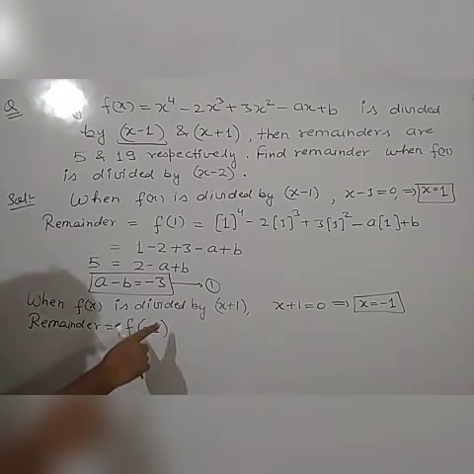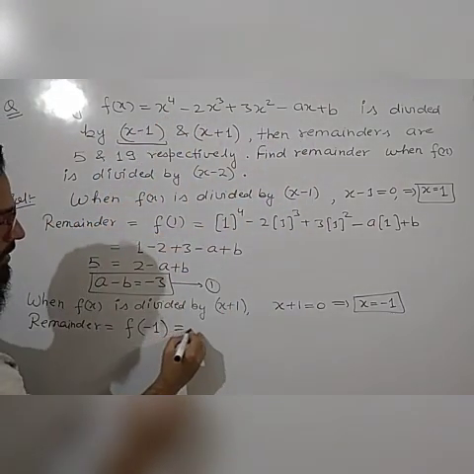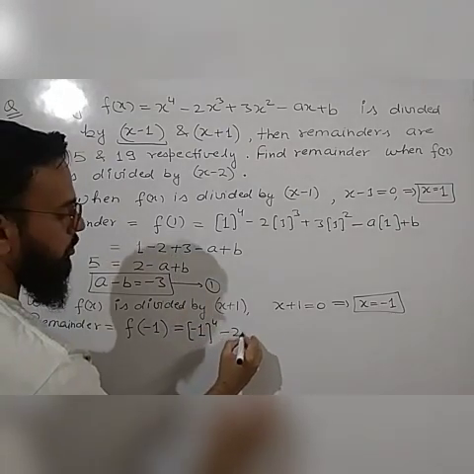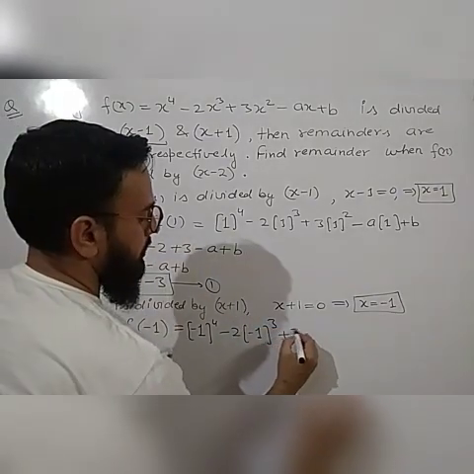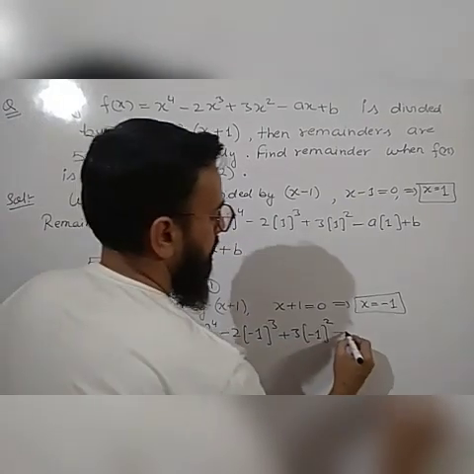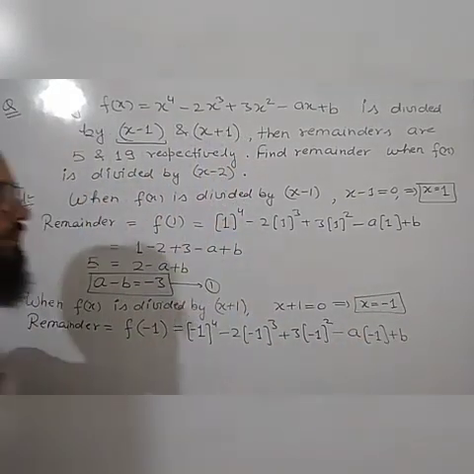Now putting the value x is equal to minus 1 in this polynomial, we will get minus 1 to the power 4 minus 2 into minus 1 cube plus 3 into minus 1 square minus a into minus 1 plus b.